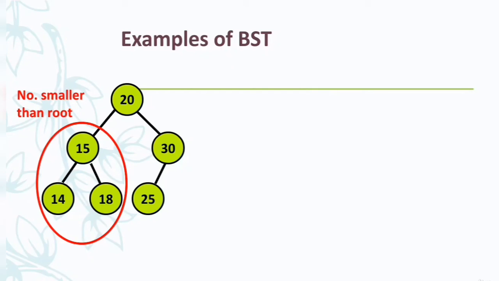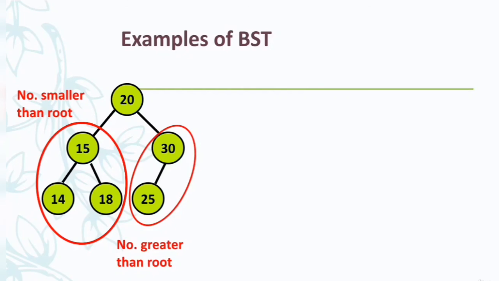In this case, as 14 is smaller than 15, it is placed in the left part of 15, whereas as 18 is greater than 15, it is placed in the right part of 15. So the left subtree is also a binary search tree.